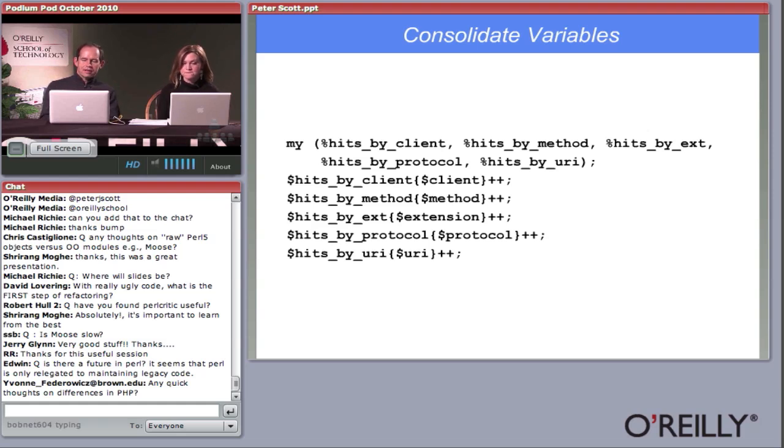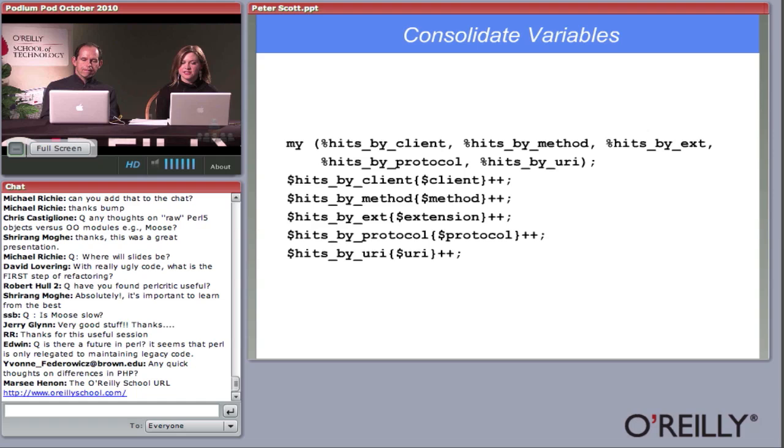David asks, with really ugly code, what is the first step of refactoring? If it's really ugly, then probably it's ugly in layout. So the first step in refactoring, find the author, because they might be getting a pink slip on their way out the door, so you might need to catch them really quick. Then I would check it into the code repository if it's not already there, and then I would run it through perltidy.